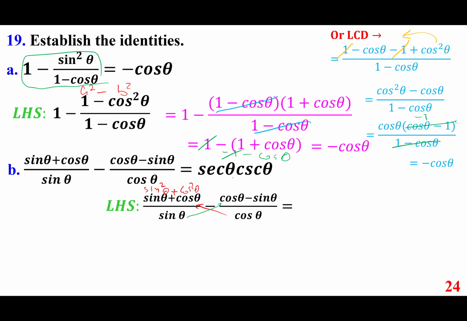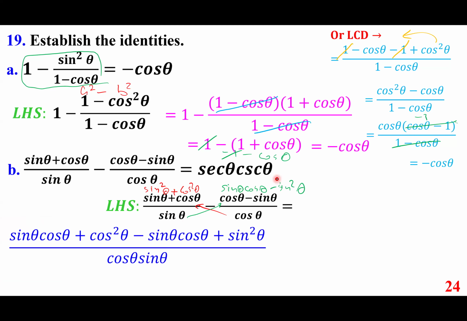And if I multiply this one by sine, I get sine theta cosine theta minus sine squared. So we have a fraction where sine theta cosine theta is in the denominator. Numerator has sine squared plus cosine squared, and this negative will change this one into minus sine theta cosine theta plus sine squared.